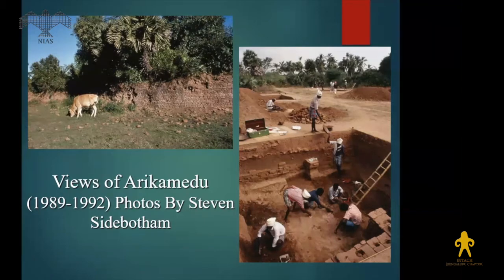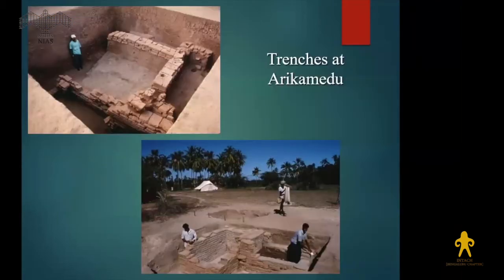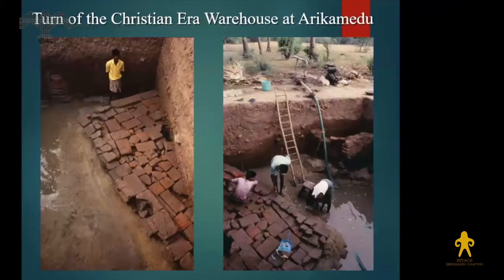On the right side, you see a brick structure of early historic time. You see the post holes and the bricks. And these bricks are of early historic period. They measure roughly 40 centimeters by 20, and 5 to 6 centimeters in thickness. These kinds of brick structures appeared in the urban centers, what I earlier called category 3 sites.